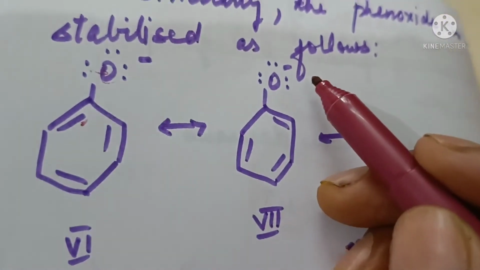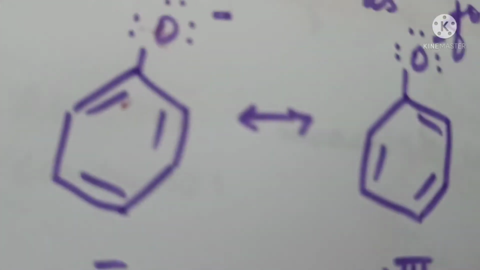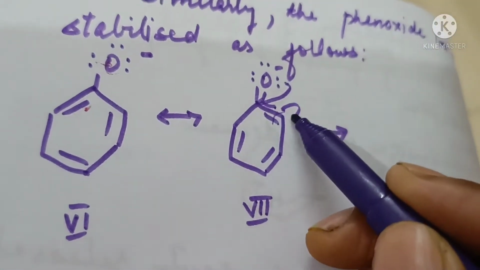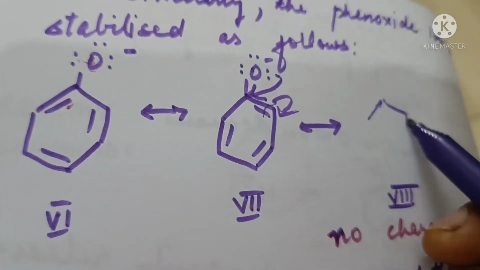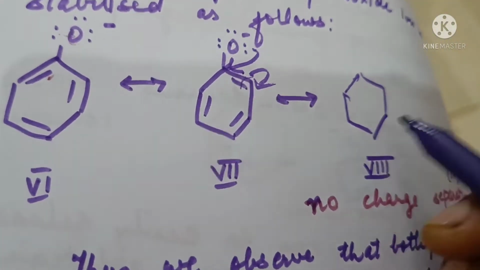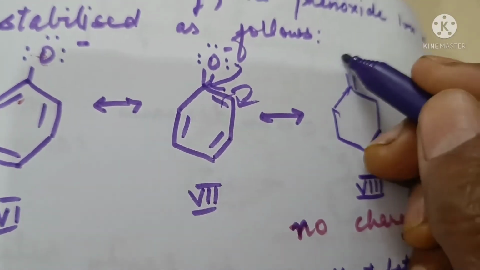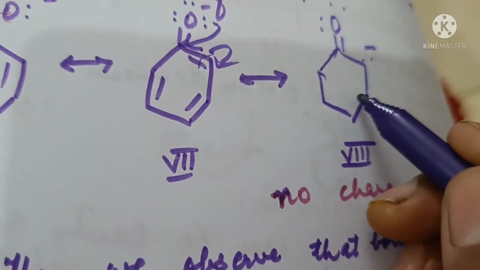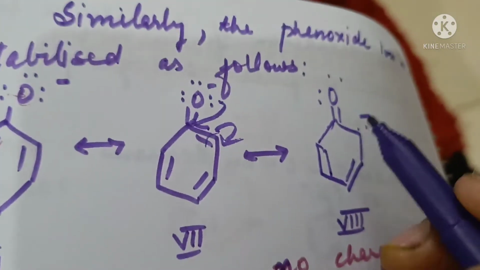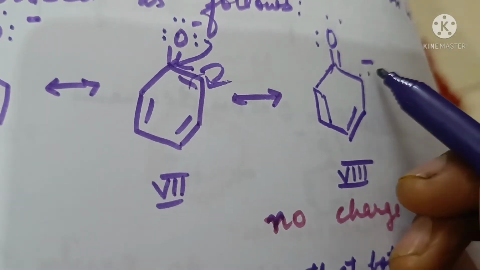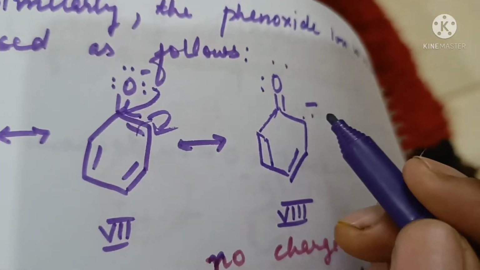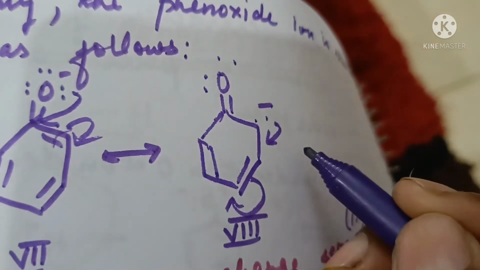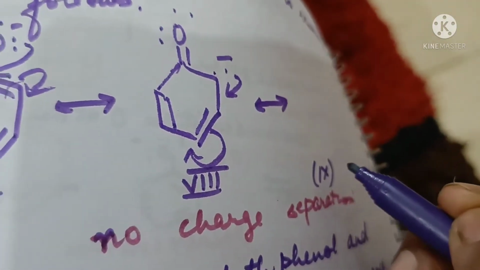In the third structure, these electrons will move here and these electrons to this atom, but after formation of the structure, we see that there is no charge differentiation. Negative charge is there, and in the next structure, electrons move here and these electrons move to this carbon atom, resulting in structure number 9.